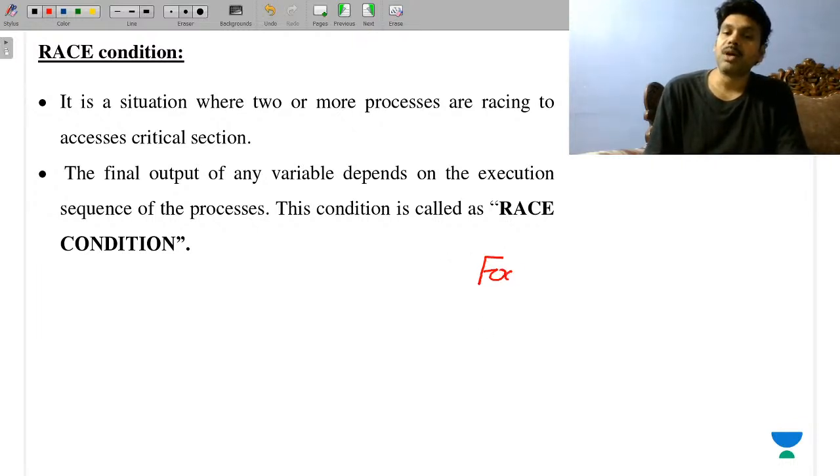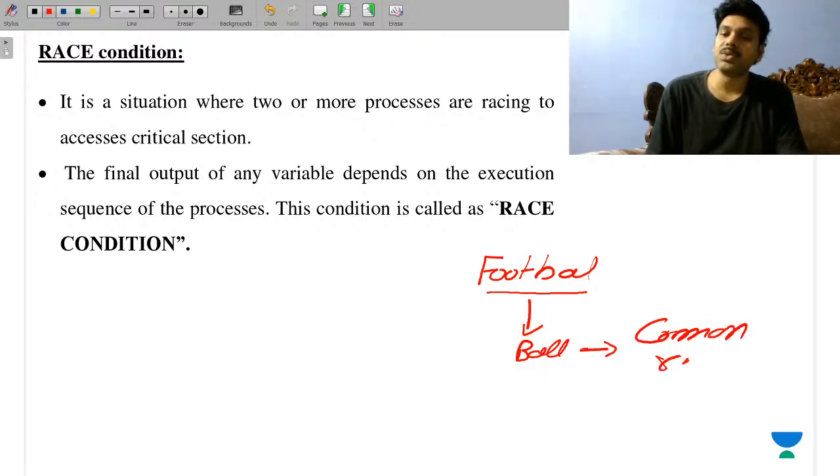You all know the football game, and you will understand what a race condition is. In a football game, there are 20 players fighting with each other to acquire a ball. Please understand this ball is common. It is a common resource to all the players.